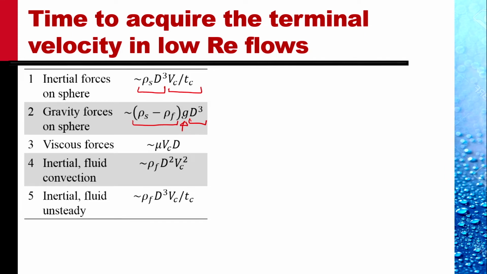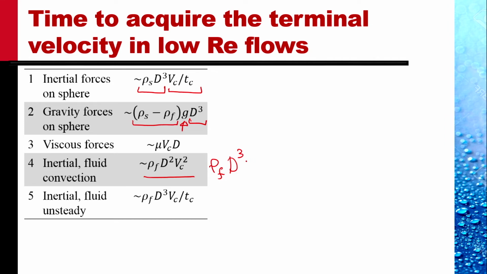The inertial force of fluid convection, and that we also obtained many times, as rho f times d squared Vc squared, which is exactly the mass rho f d cubed times the convective acceleration, which is like V dV by dx.